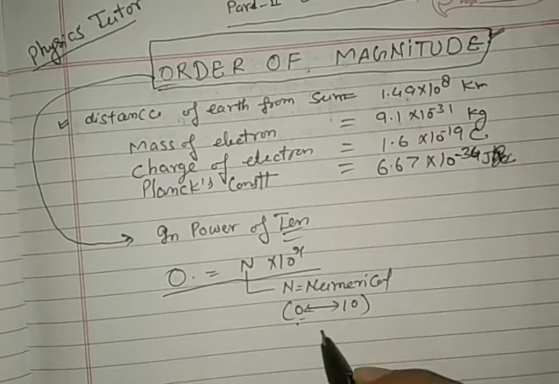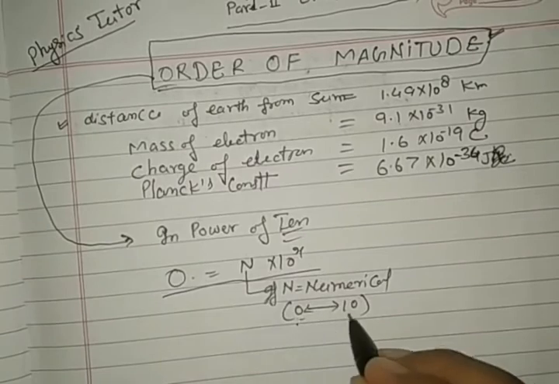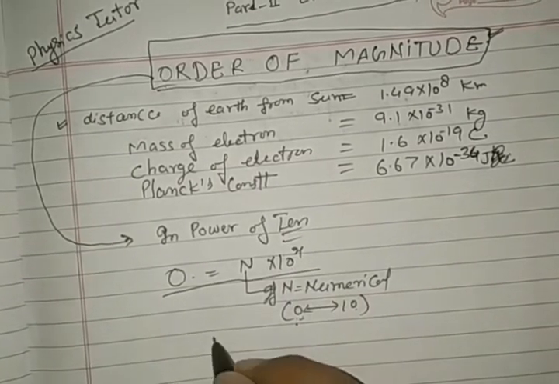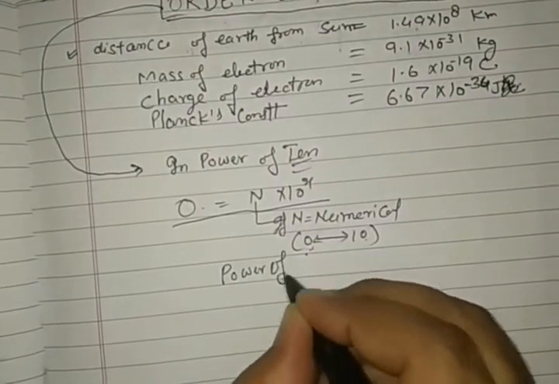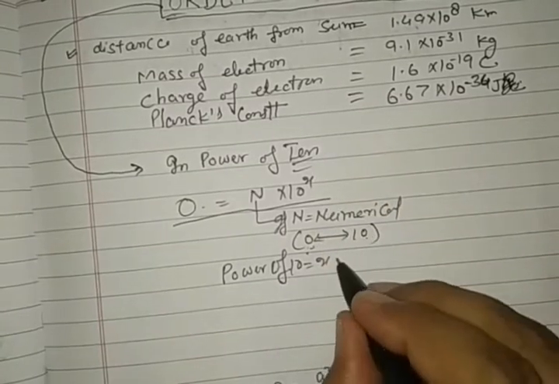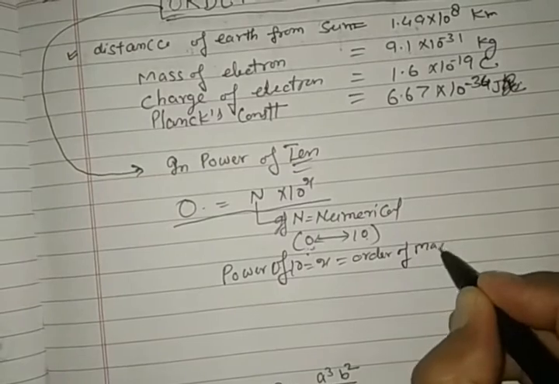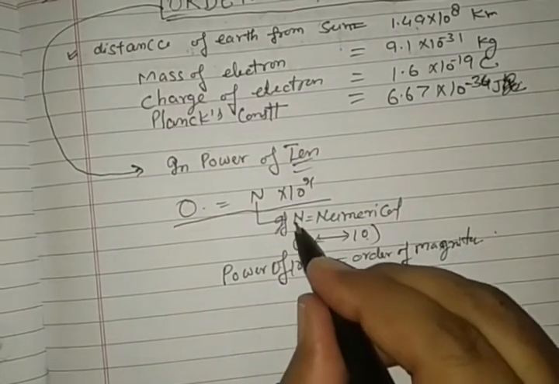In that condition, the power of 10, here x, is called the order of magnitude.